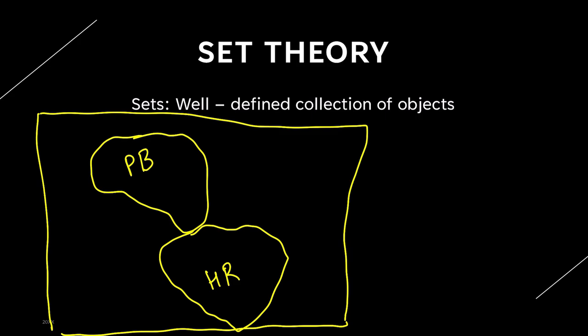Is the complete India a set? Yes, the population of the whole of India is a set, because the people living in India form a well-defined collection of objects. So going by the definition, a set is just a collection of objects. You just understand this.